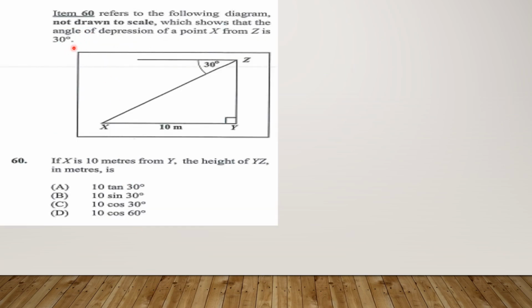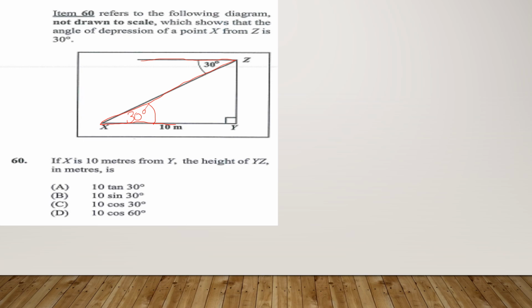Question 60 refers to the following diagram not drawn to scale, which shows that the angle of depression of a point X from Z is 30 degrees. If X is 10 meters from Y, as we can see here, the height YZ in meters is, so for sure, we can see our Z angle here. So that means that here is also 30 degrees. We have a right angle triangle.